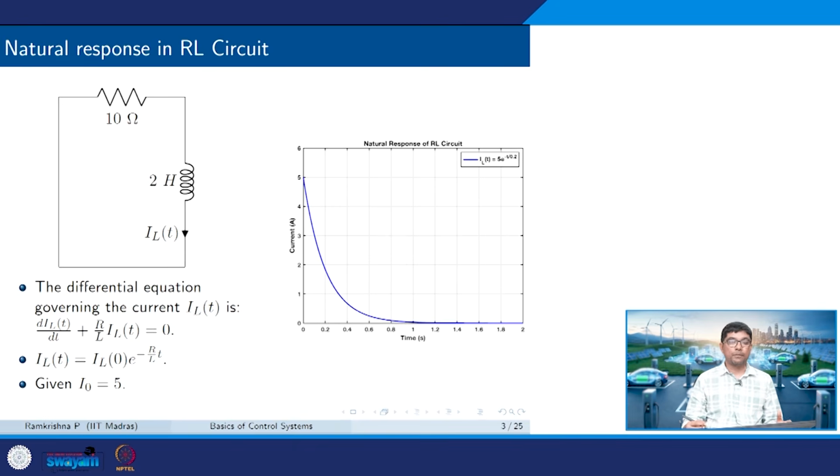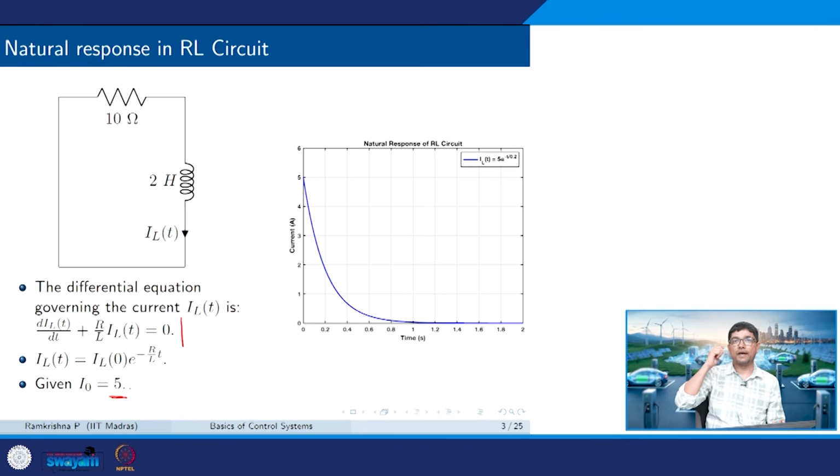As a simple example, we can look at a ceiling fan, which can be modeled as a simple RL circuit. I just look at the differential equation. It's a first order differential equation. There is no external voltage source, and let's say that the initial current is 5. Or in the case of a fan, let's say it is revolving at a certain speed, right, and then I switch it off.